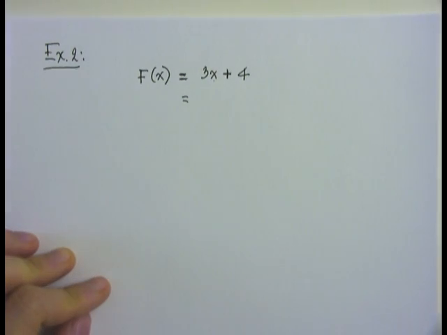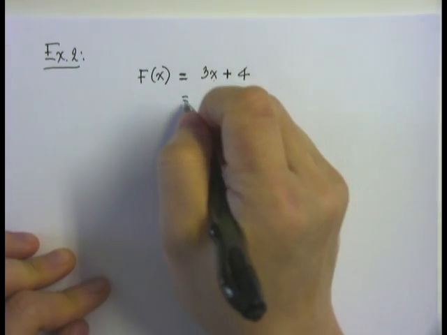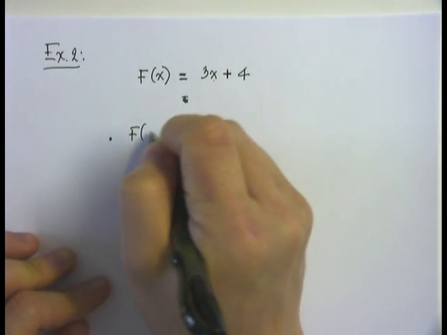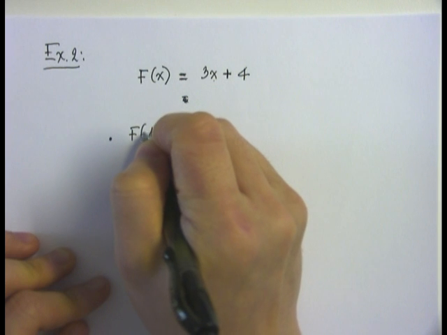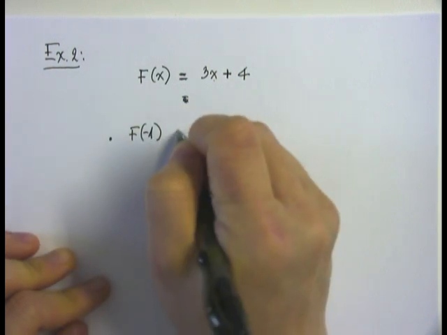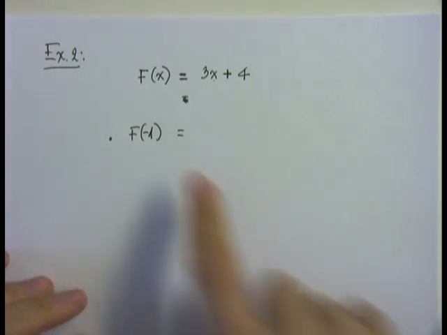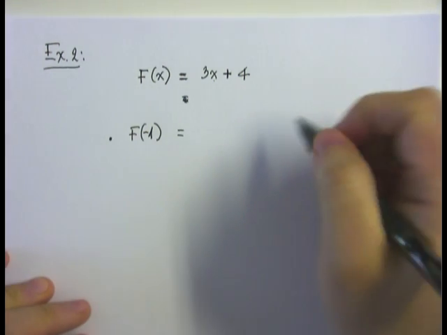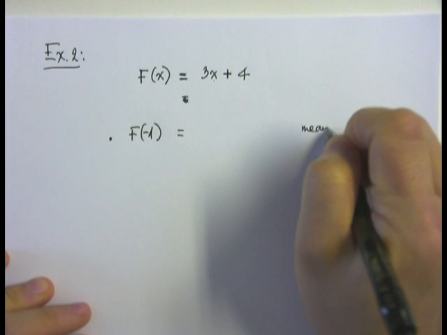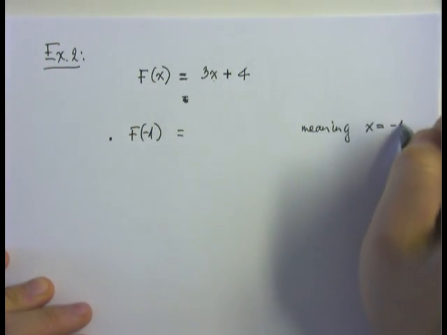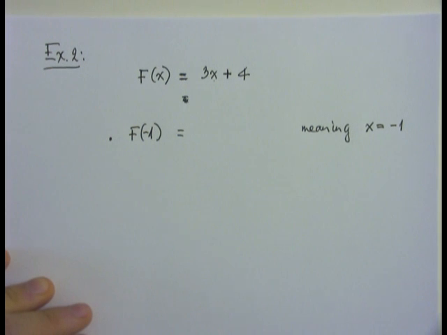So now, in the first problem, what happens if you do capital F of -1, for example? This time the function is taking on the input value, meaning x is taking the value x equals -1.